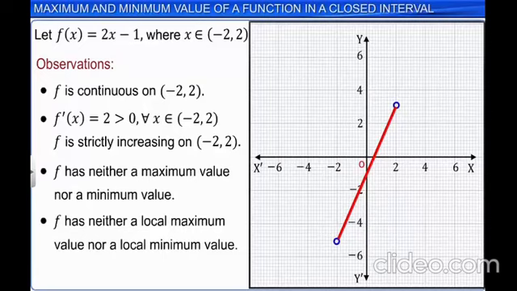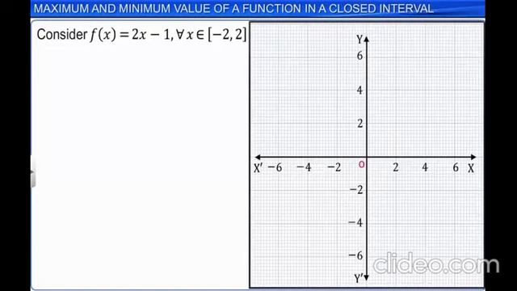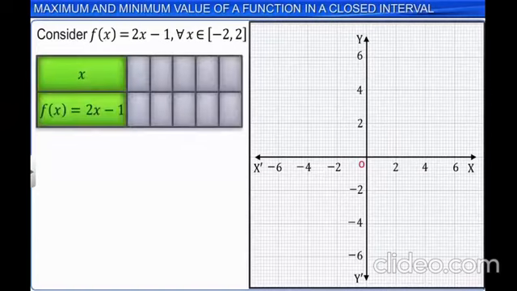Let us now see if there is any alteration in the observation if we extend the interval from the open interval (-2, 2) to the closed interval [-2, 2]. Now, the ordered pairs satisfying the function f(x) are as shown.